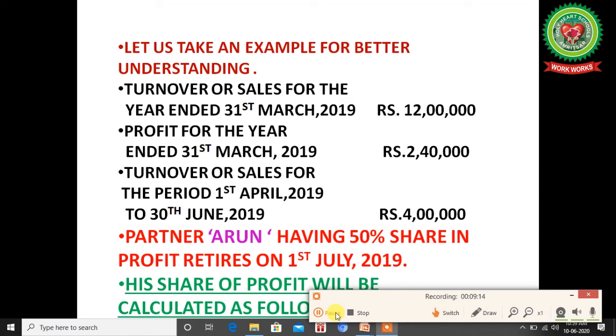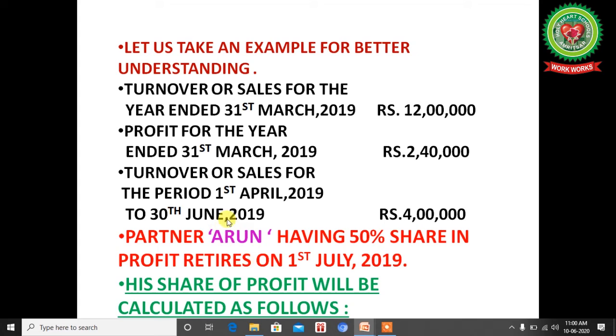The next point is the turnover or sales for the period 1st April 2019 to 30th June 2019, which is 4 lakh, from the beginning till the date of retirement.